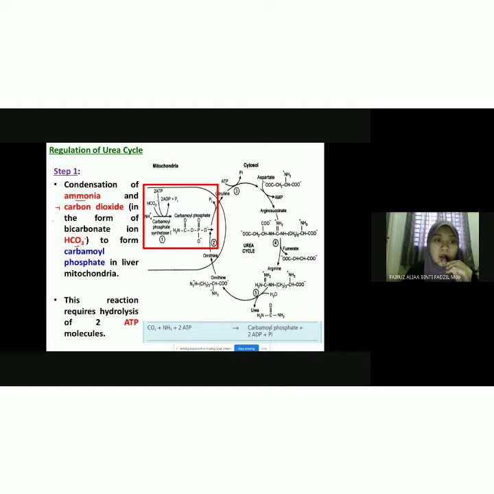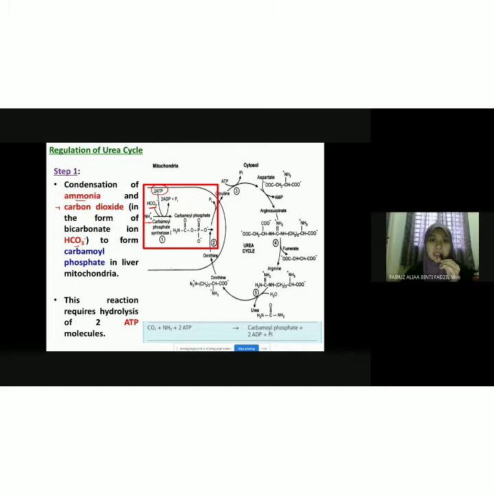And then it will form the carbonyl phosphate in the mitochondria. So if you see in this diagram, we have the bicarbonate here and also the ammonia here, but in this reaction they write it as ammonium ion, NH4+. Correct also. So the ammonium plus the bicarbonate, and it also uses ATP.